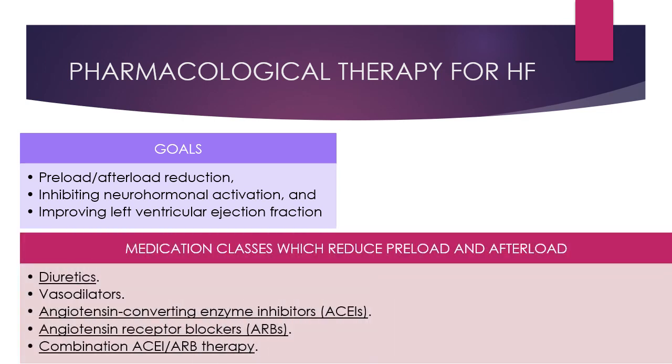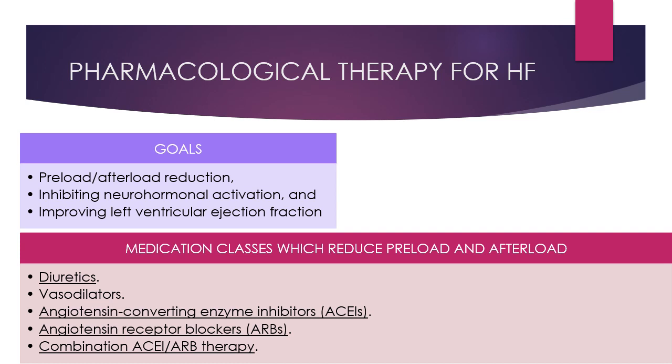The medication classes which reduce the preload and afterload act at different levels, basically as vasodilators or by reducing the preload, that is, contracting the intravascular volume. They are diuretics, vasodilators, angiotensin converting enzyme inhibitors, and ARBs, or in some rare cases a combination of ACE inhibitor and ARB therapy.